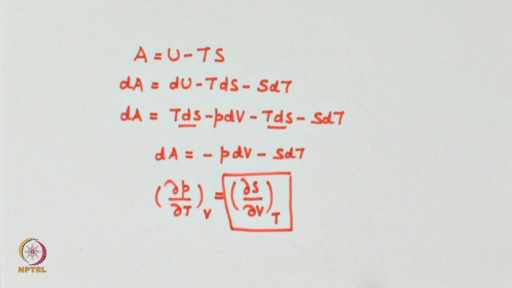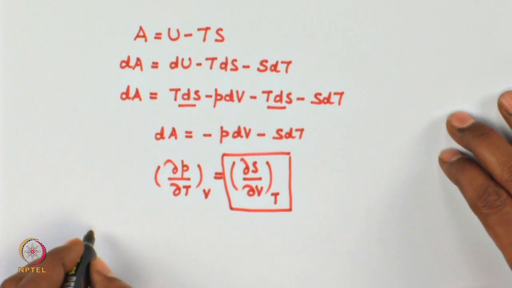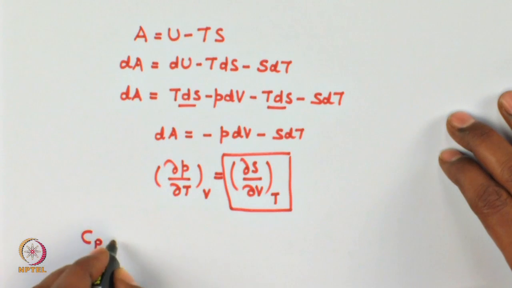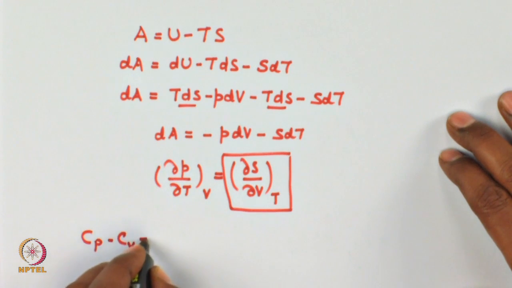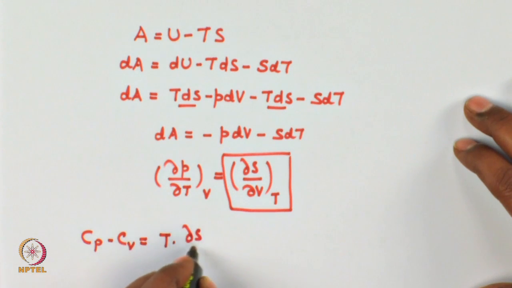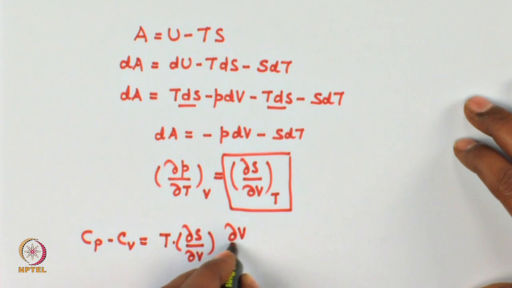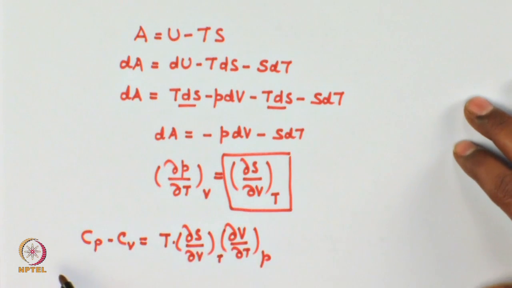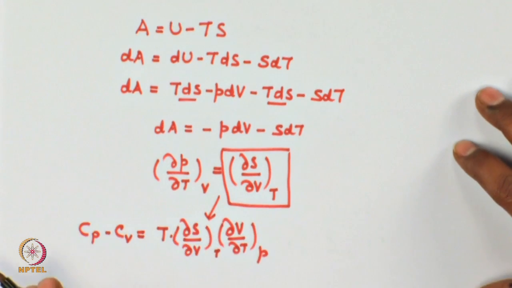So, what I had earlier was Cp minus Cv equal to T into the variation of entropy with volume at constant temperature, into the variation of volume with temperature at constant pressure, and I will substitute this.